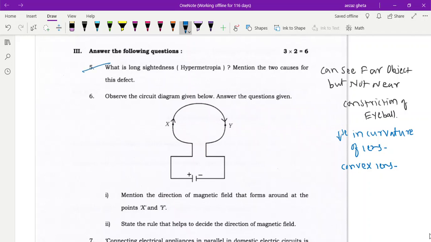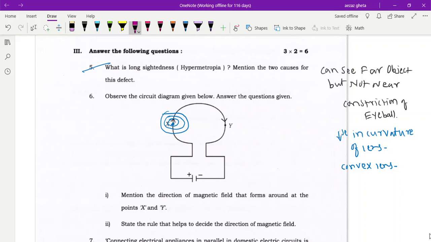Chalo. Then observe the circuit diagram given below and answer the questions. Mention the direction of the magnetic field that forms around points X and Y. See, this is your magnetic field around the wire. The lines are in the form of concentric circles, correct? And you can find the direction of the magnetic field by using which law?